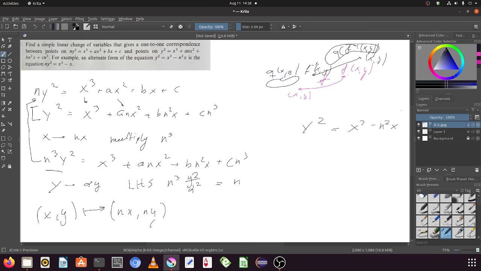So, and that becomes that one. So this mapping, let's call it gamma.